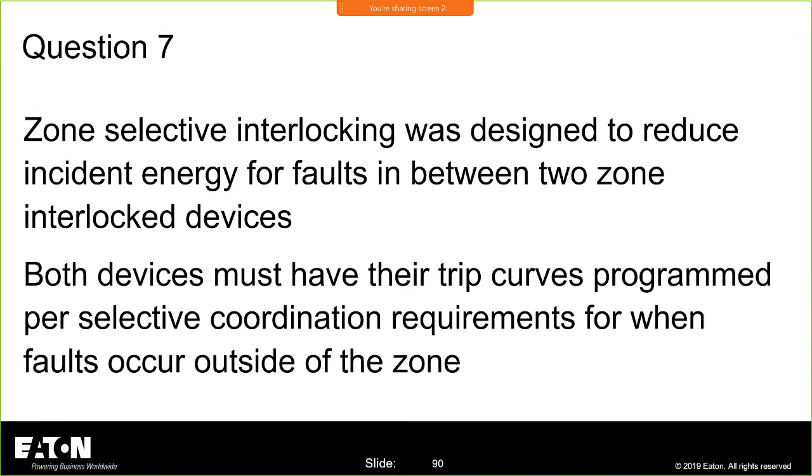So let's walk through. Zone selective interlocking came into the picture many moons ago, well before I came into the industry. I can remember in the 90s when I first came to work for Eaton, I would take technical calls and answer circuit breaker questions, and zone selective interlocking was a topic back in '95, and even before that. There are IEEE papers written on this.